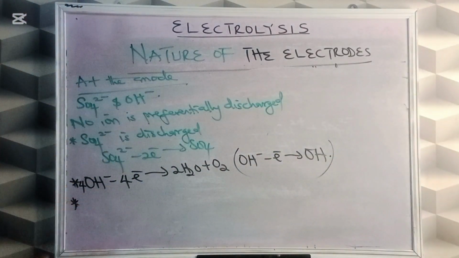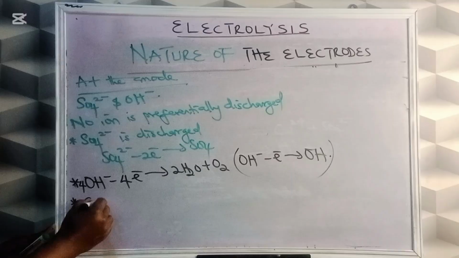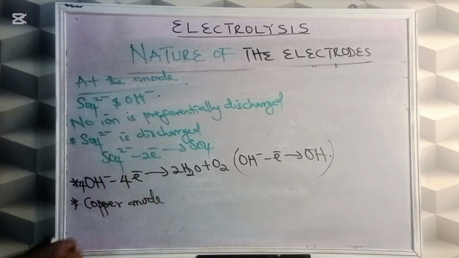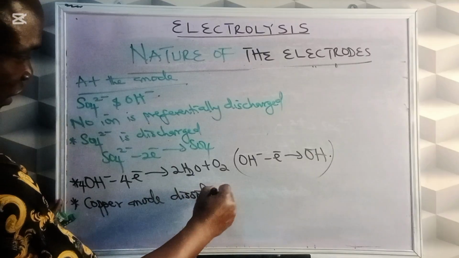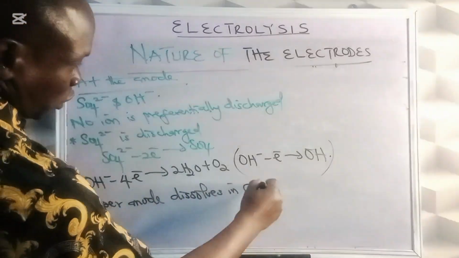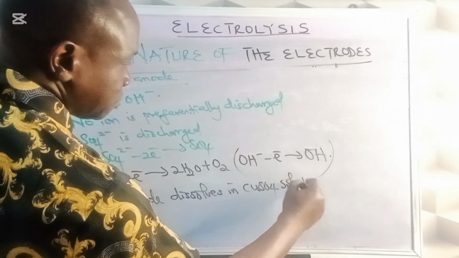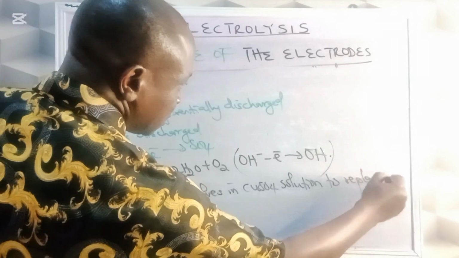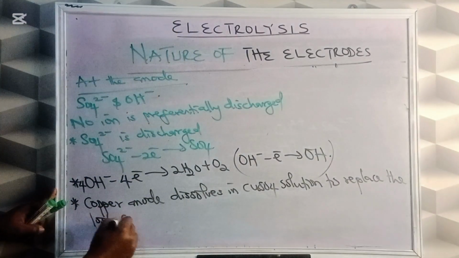And the third case is that the copper anode goes into solution, dissolves into the copper(II) sulfate solution to replace the lost copper(II) ions.